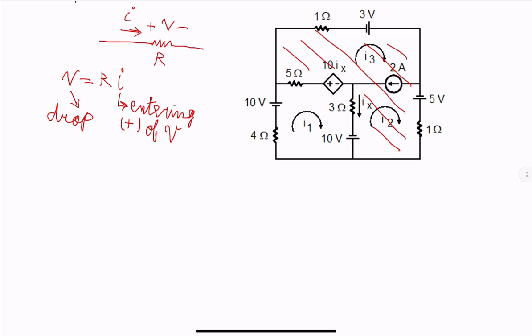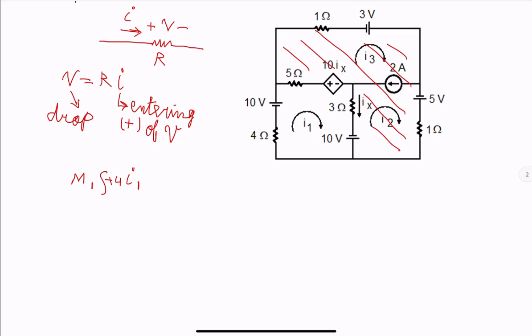So if we look at mesh 1, starting at the lower left corner, first term is 4 times I1 in the direction of the current, positive Ri.